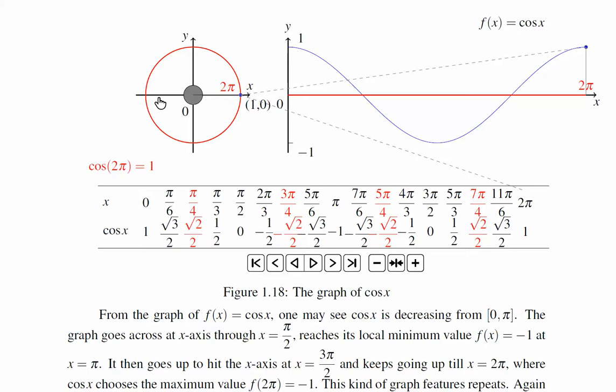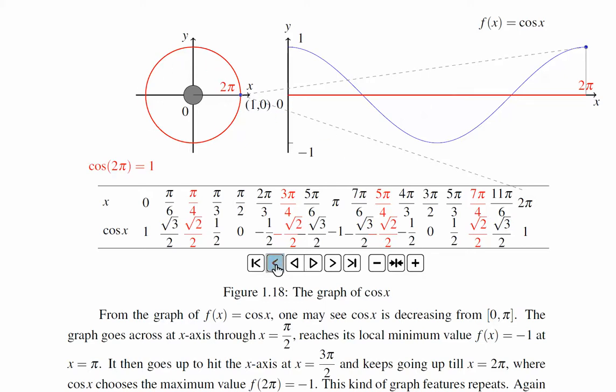The x coordinate is defined as cosine in the unit circle. Here the x coordinate is the length of arc, or the amount of angle. You see here is a red part, and here is also a red part.